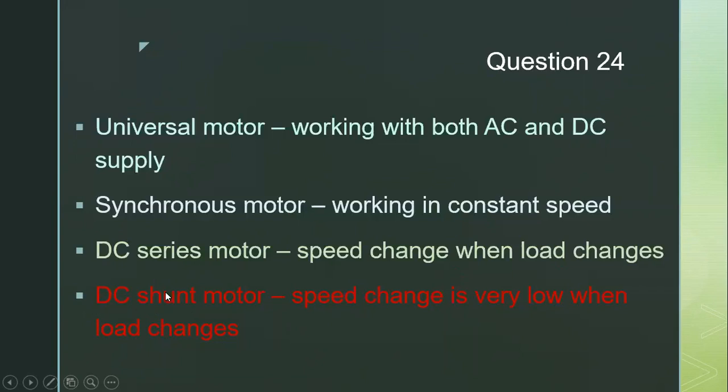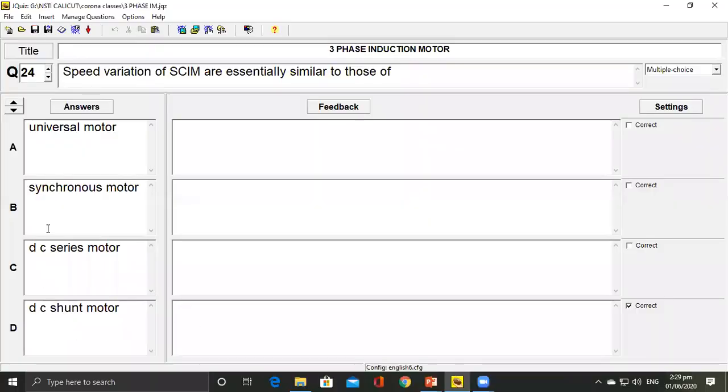Normally the DC shunt motor is known as a constant speed motor, but when the load is increasing, some slight variation will be there. It is the same in the squirrel cage induction motor. So speed variation of the squirrel cage induction motor is almost similar to the DC shunt motor. Option D.